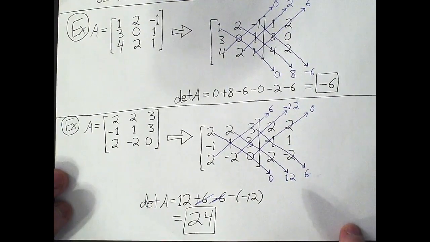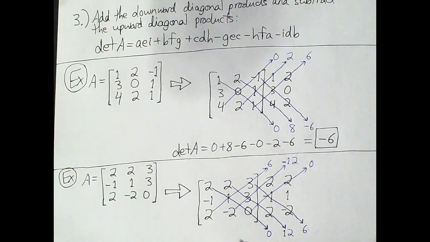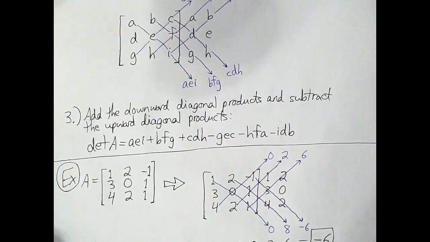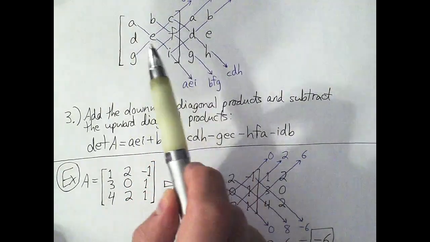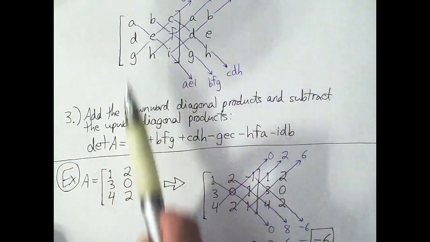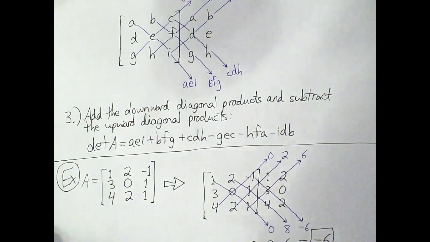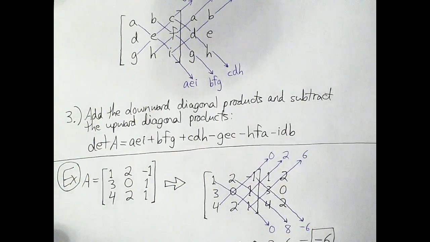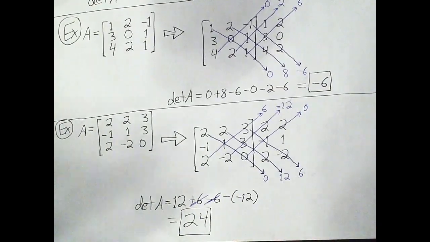All you would have to do is find the determinant of this general 3x3 matrix using the definition of the determinant and show that it equals this formula. And if you do that, then you've proved that this method works. I'm just skipping that for the sake of time.